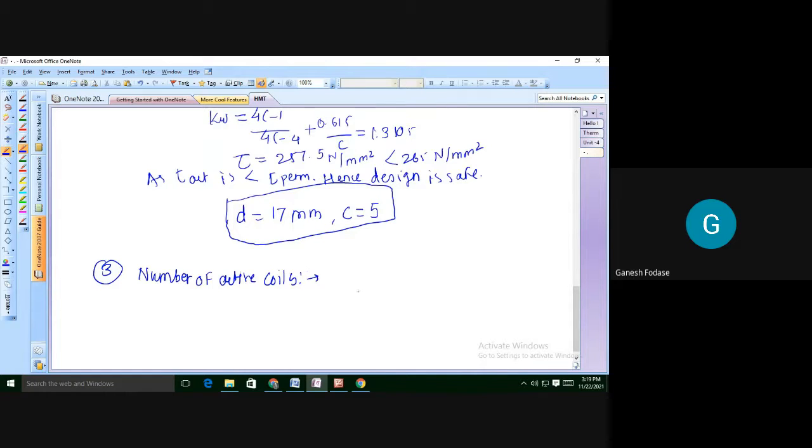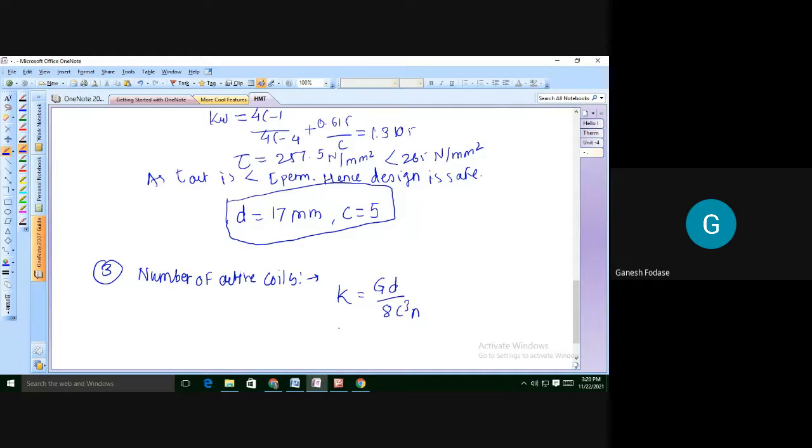We have only one formula, remember. First one is stress formula, second one is K formula. So K is equal to anyone formula stiffness GD upon 8 C cube N. Now in this case, K is known to you, G is given to you, D is just known to you, C also known. Can we find out N? Yes, we can find out easily N.